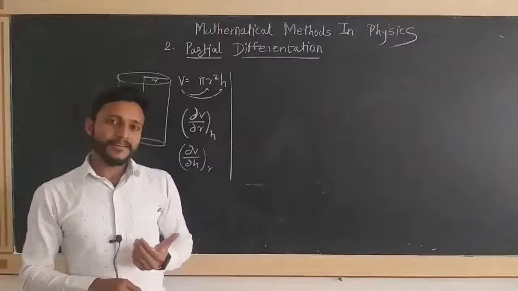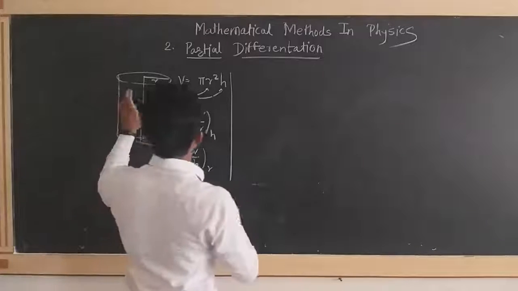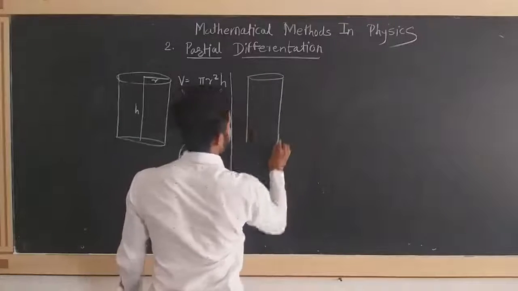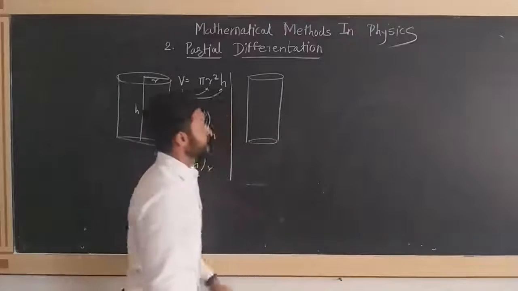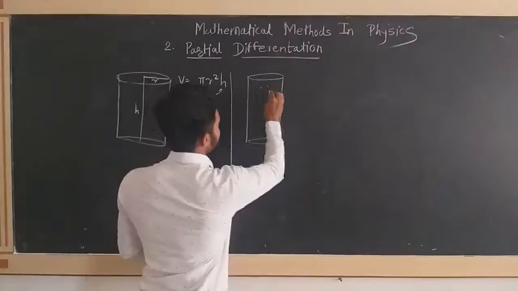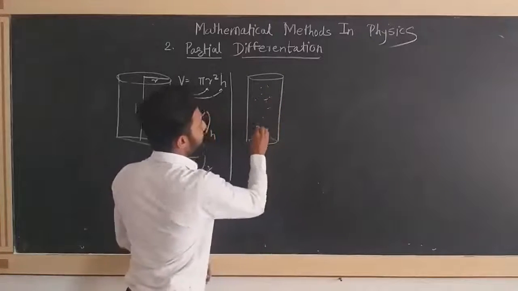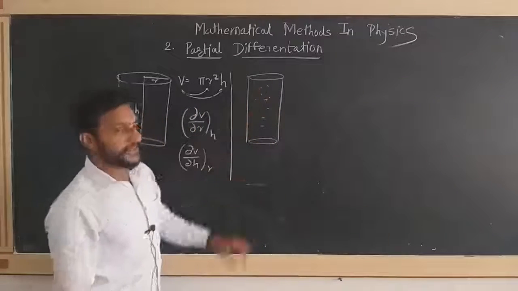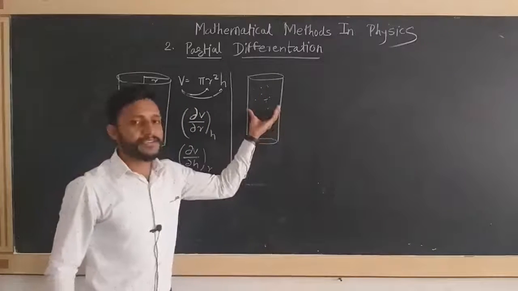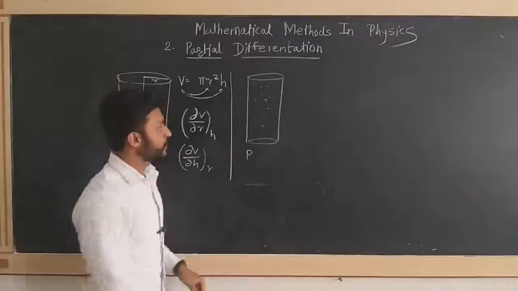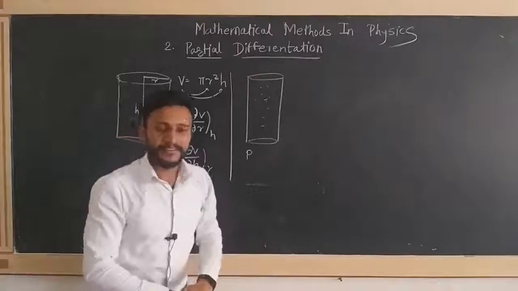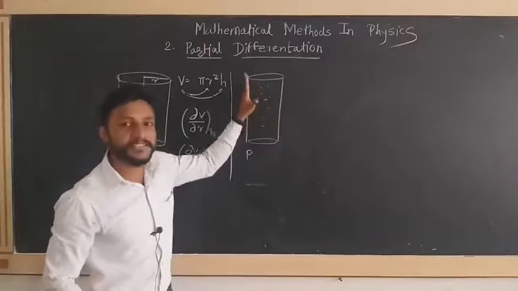Now if you consider a gas cylinder containing a gas, if you consider a cylinder and it contains gas molecules, the pressure is a physical quantity, and the pressure of this gas cylinder is changing or depends on volume. If we decrease the volume of the cylinder, the gaseous pressure increases.